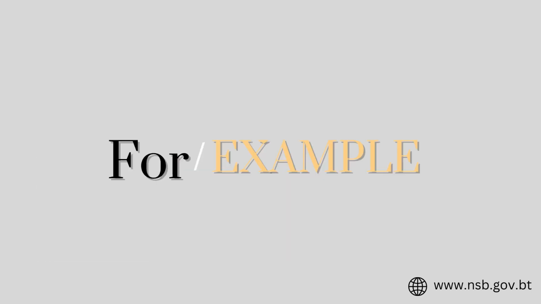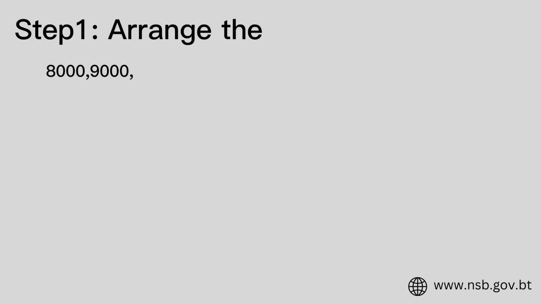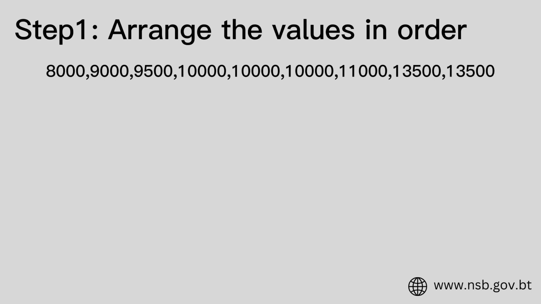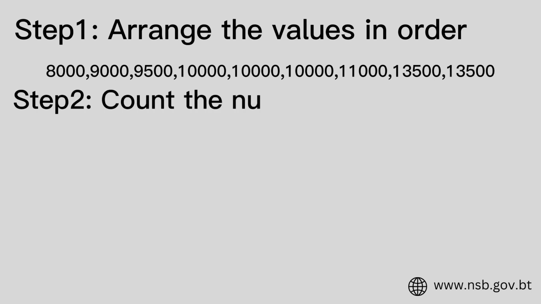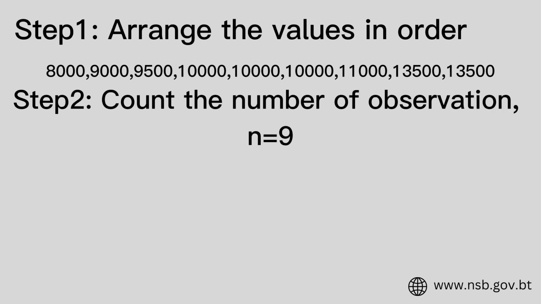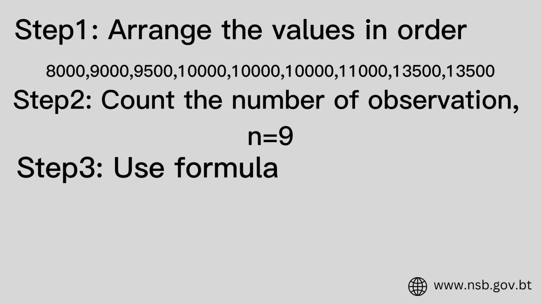Let's look at an example. Let's use the same data set and compute the median. Step 1. Arrange the values in ascending order. Step 2. Count the number of observations. Here, n is equal to 9. Since 9 is odd, for step 3, we use the formula for n equal to 9 and compute the median value.